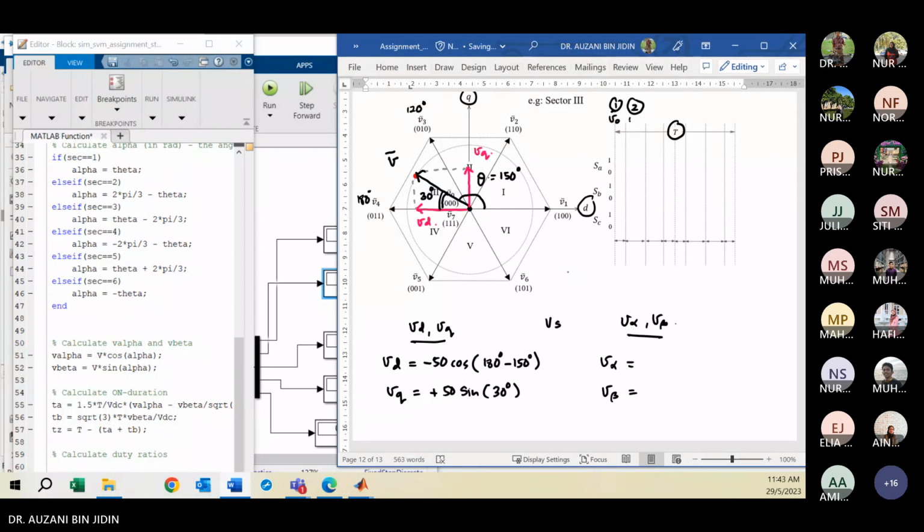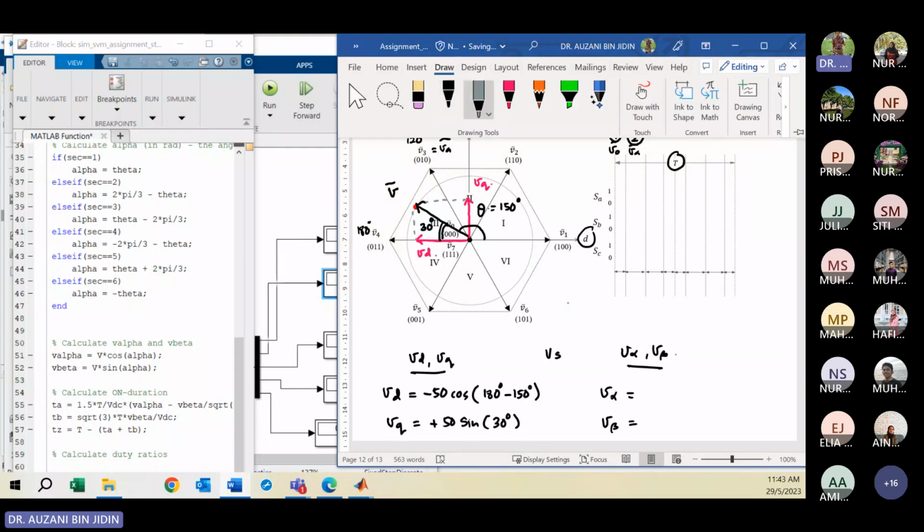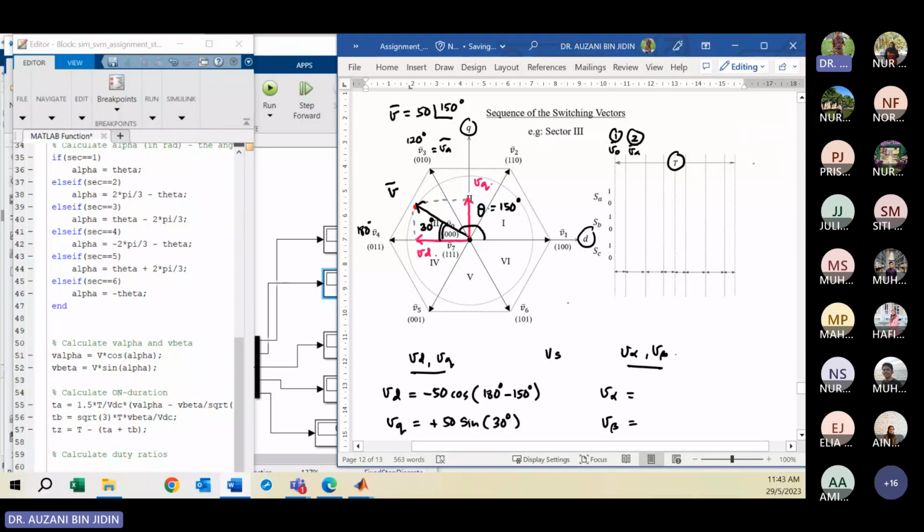VA. So your VA will be V3. So V3 is VA. So you need to draw the alpha axis here, right? It must be in line with V3. So this is your alpha axis.